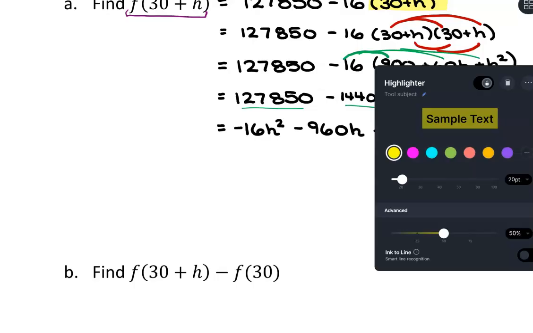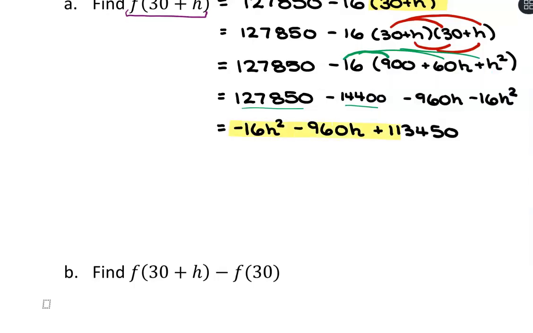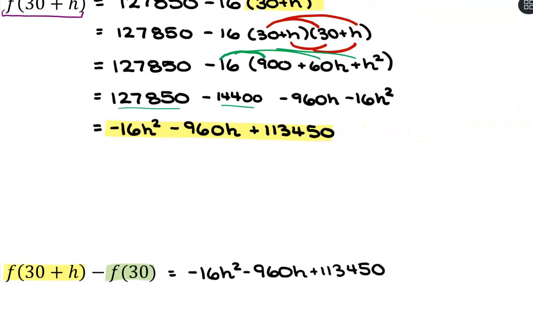So what we just found there, that negative 16h squared expression, can completely replace f of 30 plus h. So I'm just going to copy down what we found up above there. And then what we're going to do is subtract f of 30, which just comes from plugging into our function.